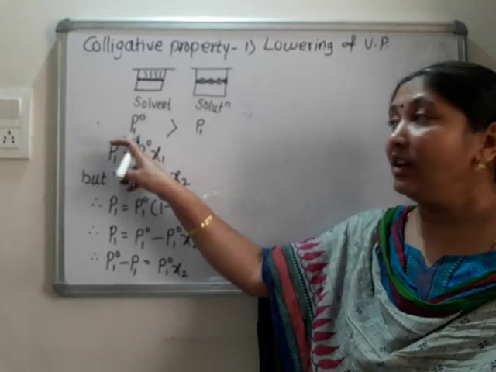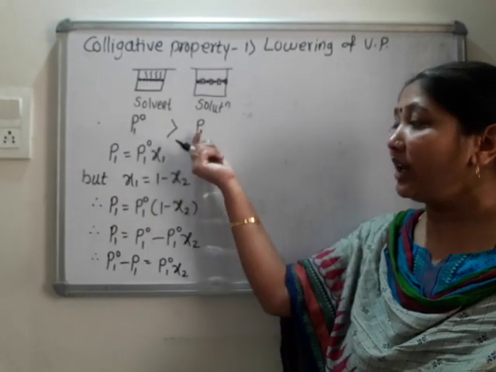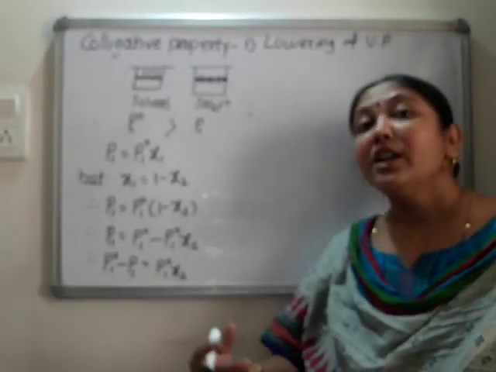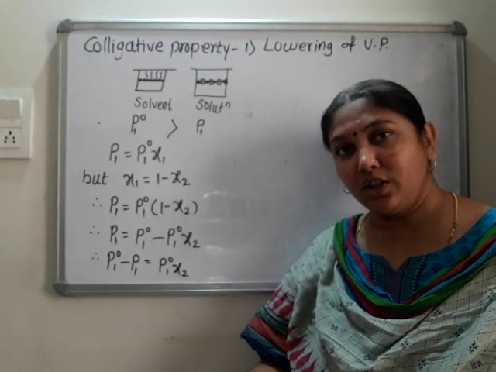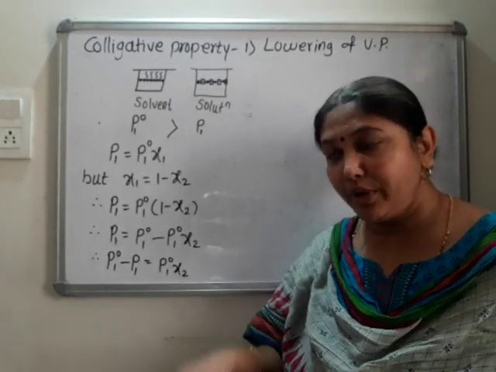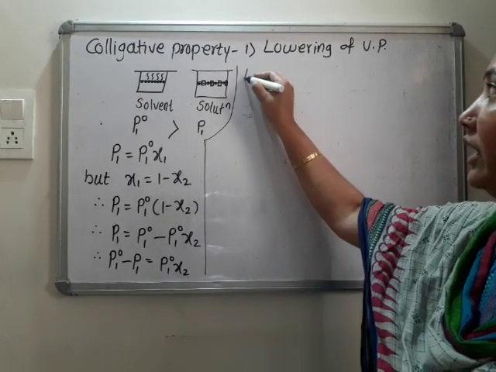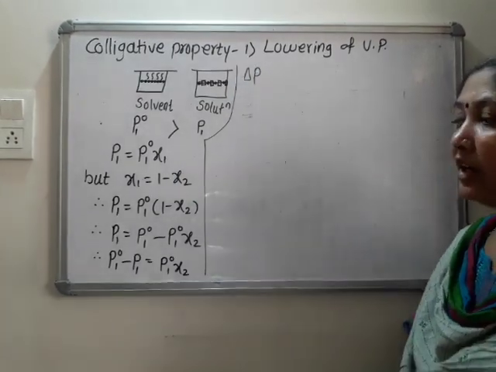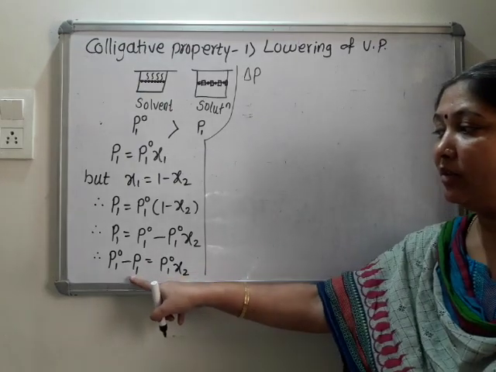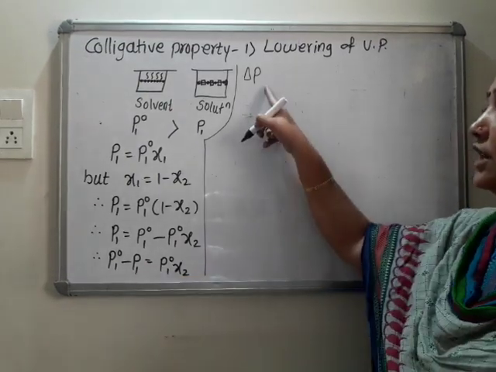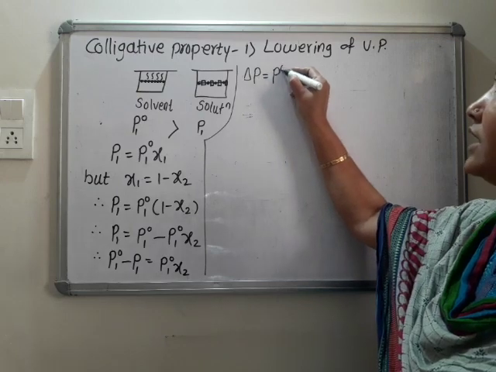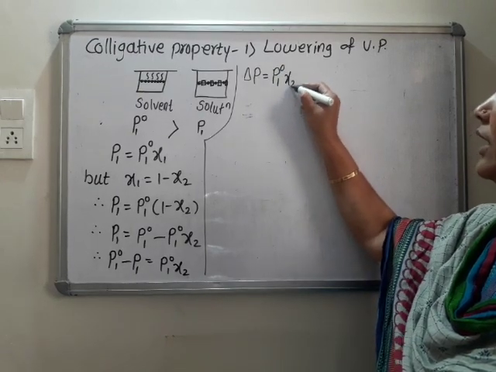P01 is greater, so P01 minus P1 is nothing but the change in vapor pressure, the lowering in vapor pressure. This difference is denoted by delta P. So P01 minus P1 is equal to delta P, and that is equal to P01 x2.